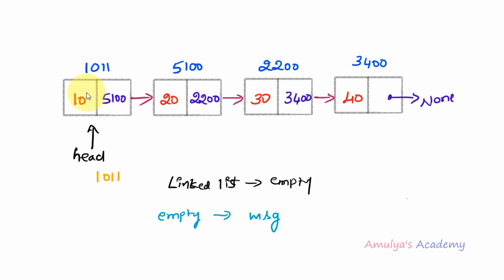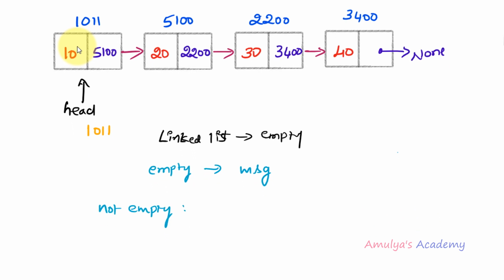If I want to delete a node from the beginning of the linked list, the linked list should contain nodes, right? If it is an empty linked list, we can't delete any node from that. So while performing the deletion operation, the first step is to check whether the linked list is empty or not. If it is empty, we'll just print a message. We can't perform the deletion operation, right?